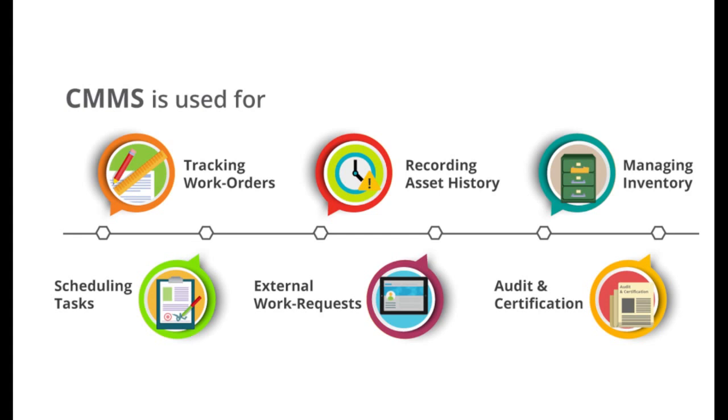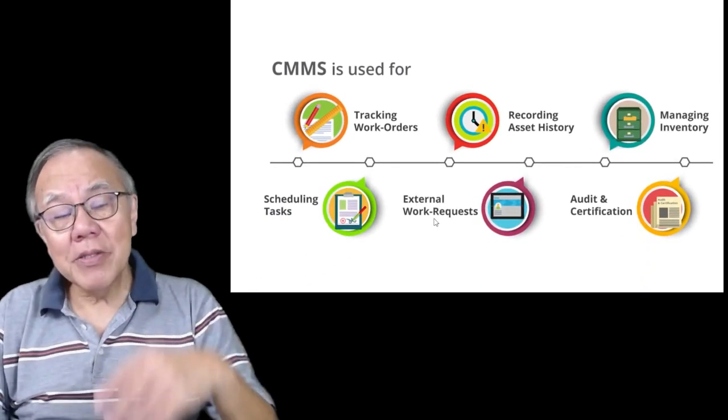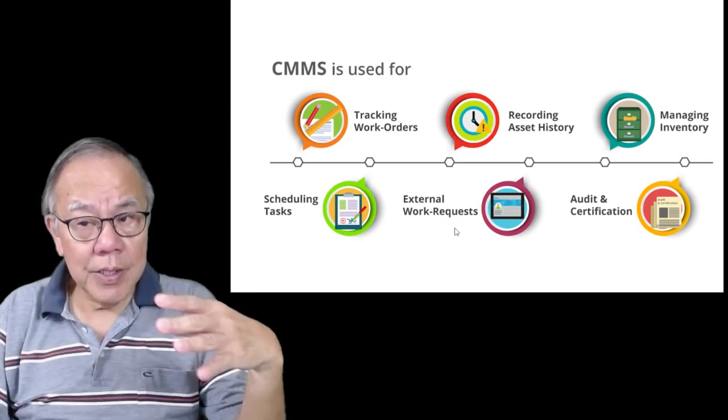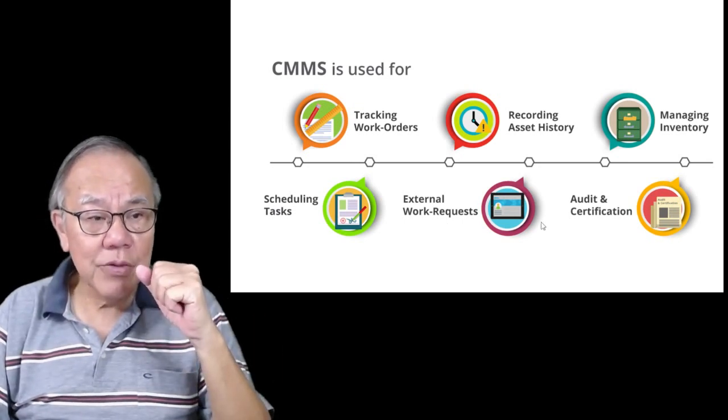You can put your planned maintenance into the whole CMMS. You can also handle external work requests from other departments, audit and certification. These are some of the records, and some of the things that you can do.